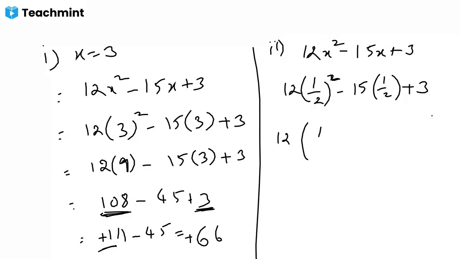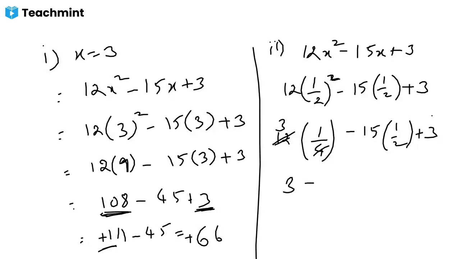That is, 1 square is 1 only. 1 ones are 1. 2 square is 2 twos are 4. Minus 15 into 1 by 2 plus 3. Now next term 12 into 1, it's going to be 12 by 4, or we can cancel it. If I cancel this 12 and this 4, 4 3s are 12, so I'll get 3, minus 15 ones are 15 by 2, plus 3.